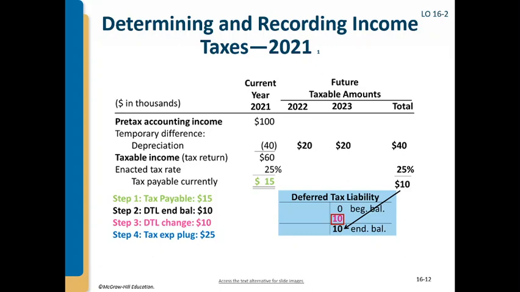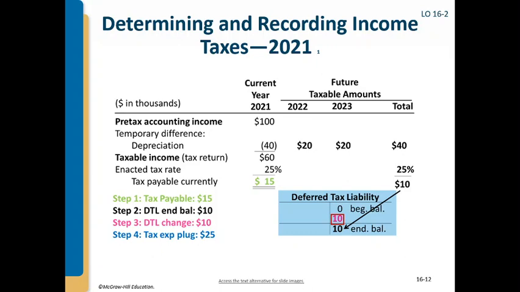As far as step 3, the DTL change, this is your first entry into the deferred tax liability T account, if you will. So it's 0 at the beginning. So you're going to credit $10,000 to your deferred tax liability account so that you end up at the end of year 1 with a deferred tax liability of $10,000.